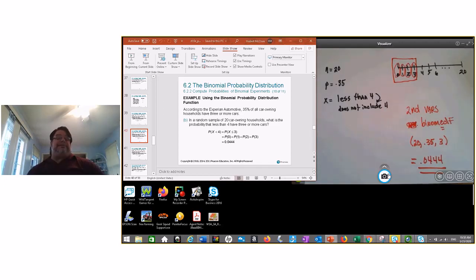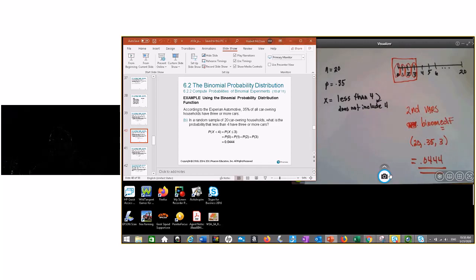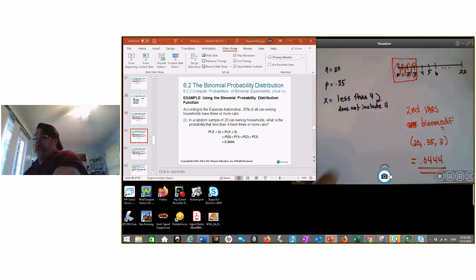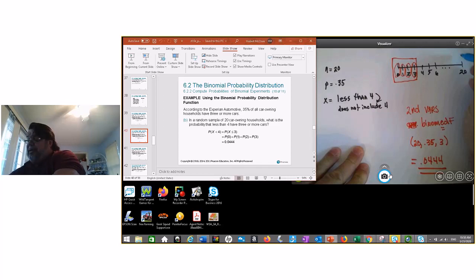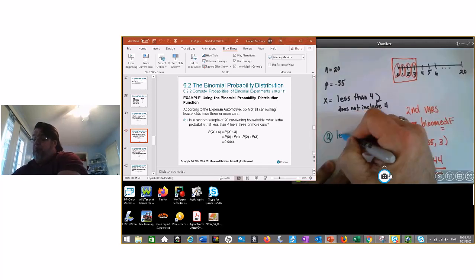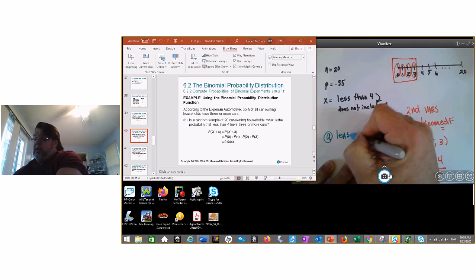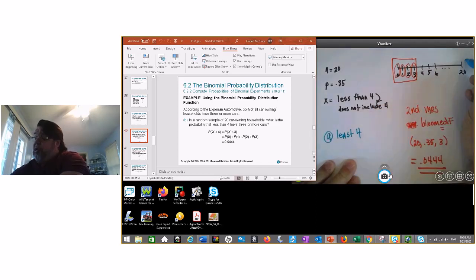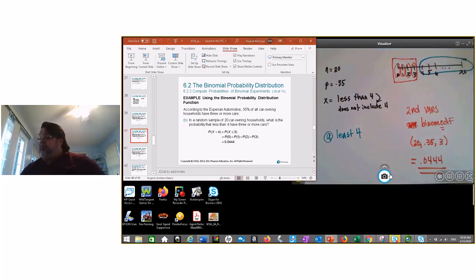And then the last thing would be, and I'm going to do this in blue, what if I asked you for at least 4? At least 4 means what? From 4 all the way up to 20. Now you can do NP4 plus NP5 plus NP6 plus NP7 and all the way up to 20.